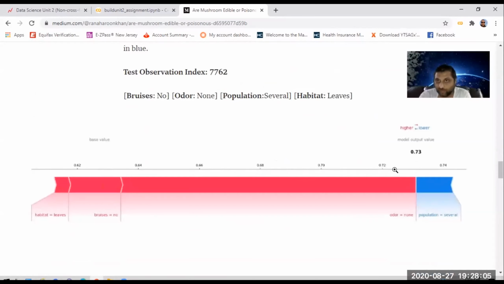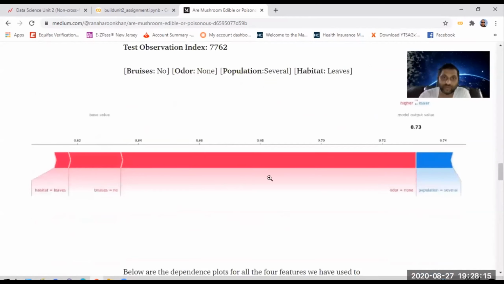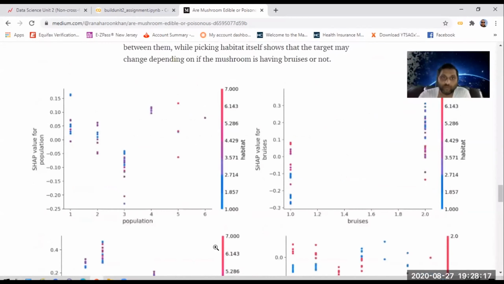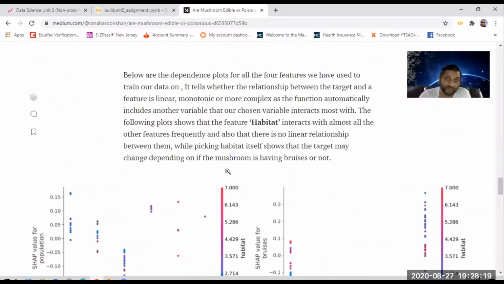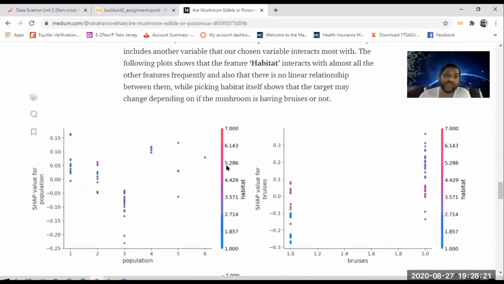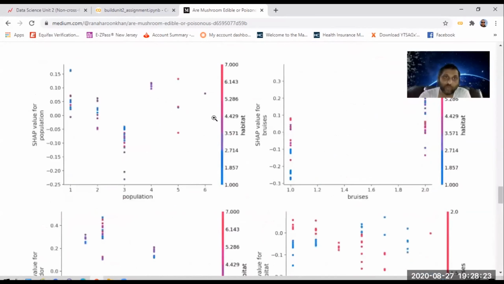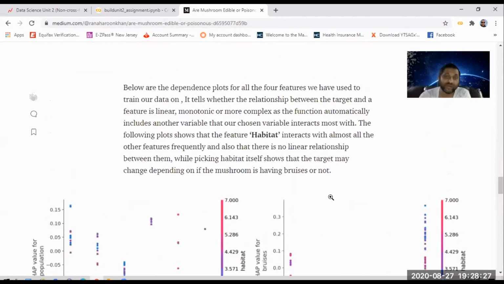For this specific observation, our result is 73%, and we see how these 4 features contributed to get to this 73% result. Next are the 4 plots, which are SHAP dependence plots, in which we see that the habitat feature works closely with all the other features to get to the model result of 99%.